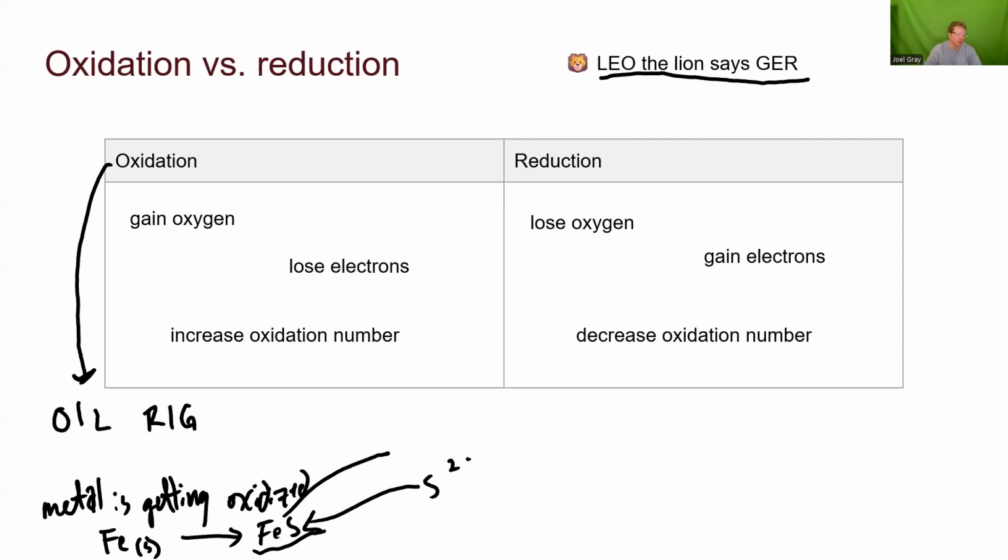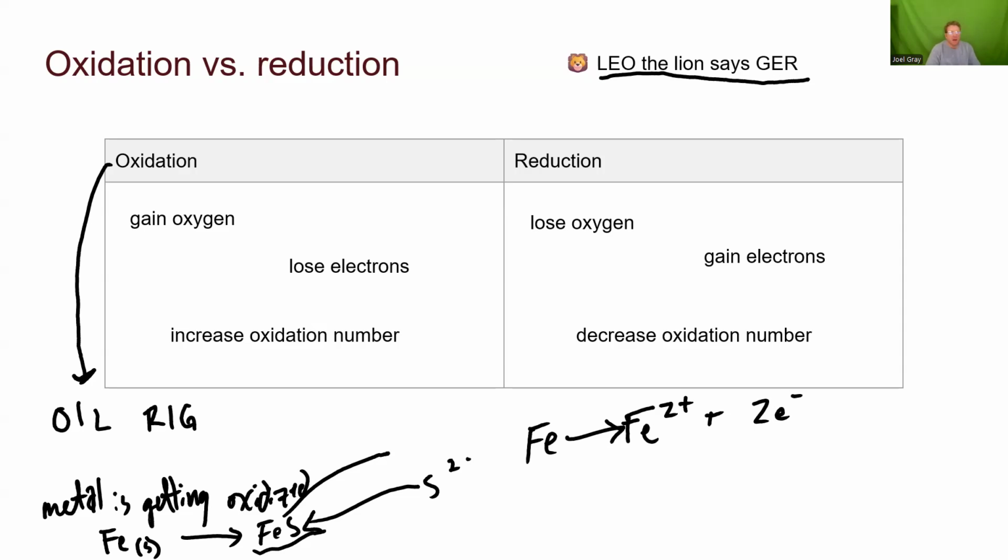So in order to form that compound, we have to have Fe that's 2 plus and S that's 2 minus. And whenever something goes from Fe to Fe2 plus, well, it's lost 2 electrons.